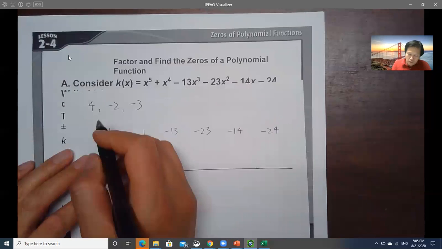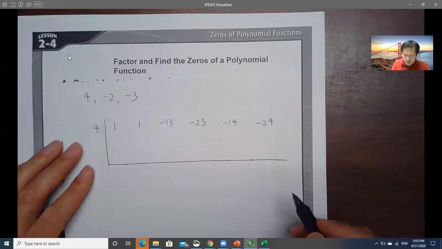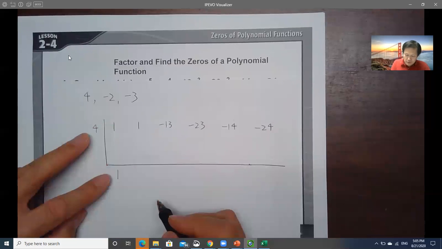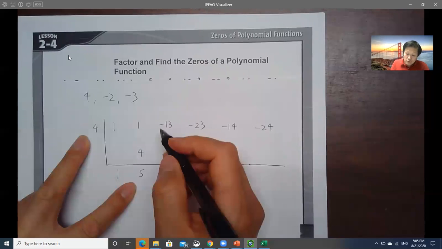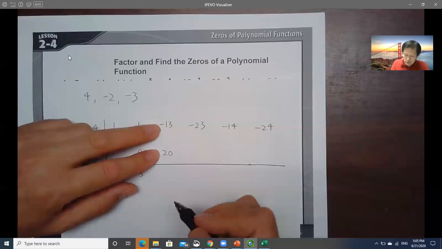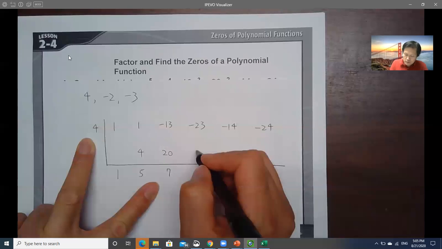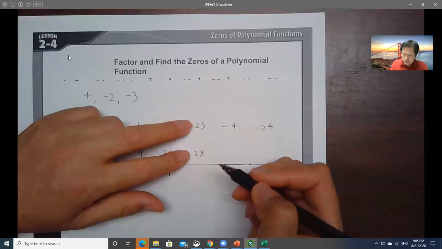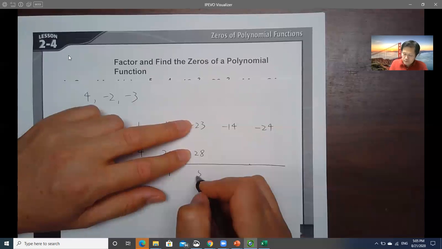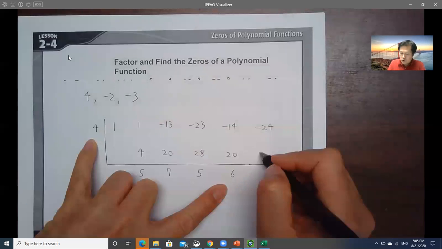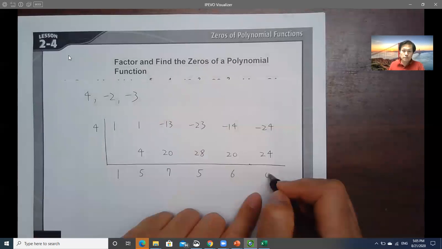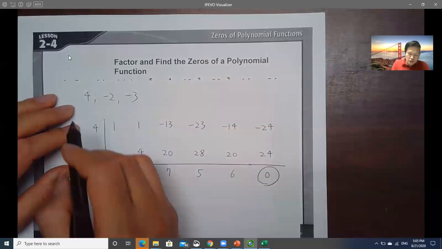So I'm going to try with the 4: adding, multiplying, adding, multiplying, adding, multiplying, adding, multiplying, adding, multiplying. You are supposed to get 0. Okay, so we cleared 4.